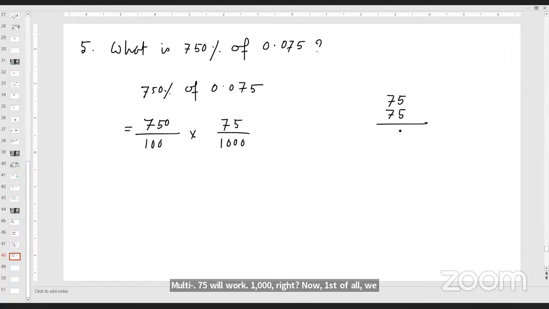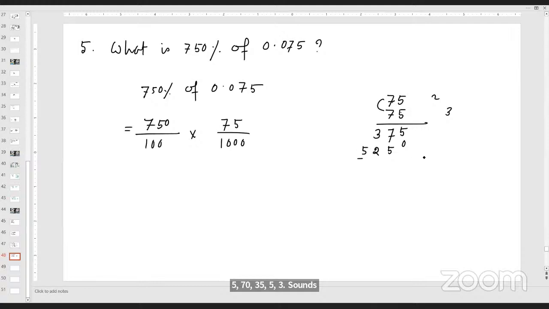Multiply 5, 2, 5, 7, 35, 375. 5, 7, 35, 5, 3, 7, 7, 49 plus 53. So it's going to be 5, 6, 2, 5, and the zeros over there.